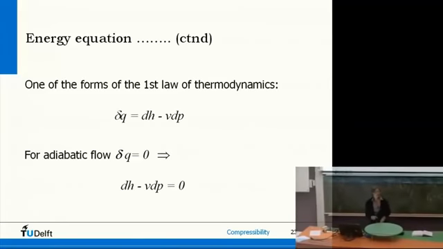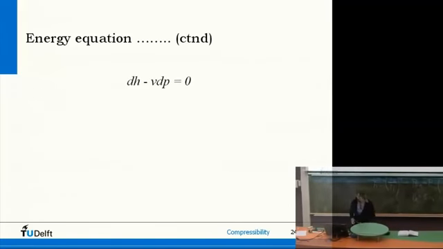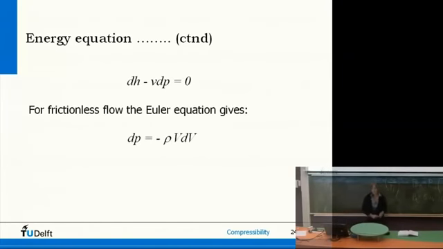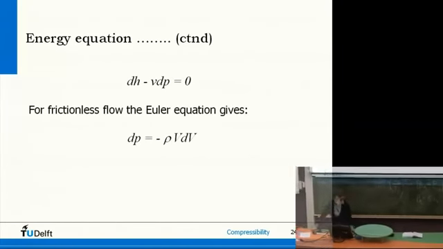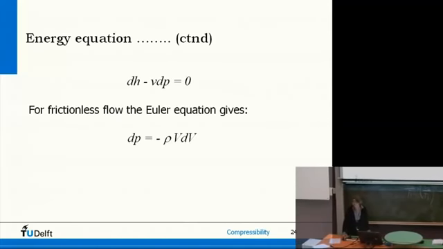So it's not too difficult, right? First law of thermodynamics, adiabatic, and the Euler equation: dP is minus rho V dV. So I have now two equations. One with enthalpy and pressure changes, and the other with pressure changes and velocity changes. However, my density is still in here, 1 over density.